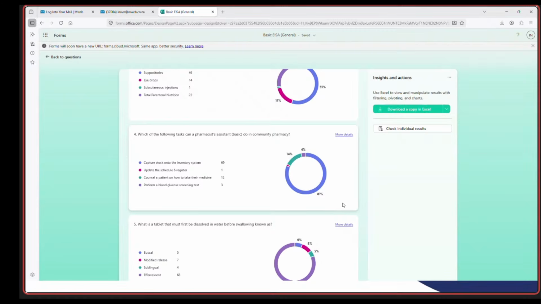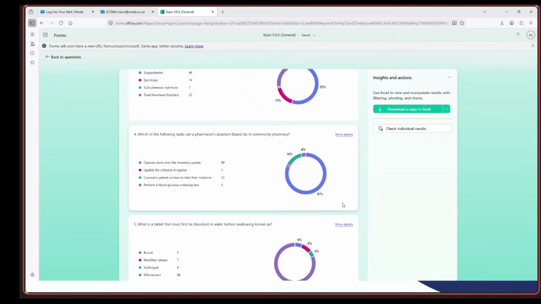You will never perform any screening test. You do not have access to any Schedule 6 medicine. So please look at your scope of practice again.